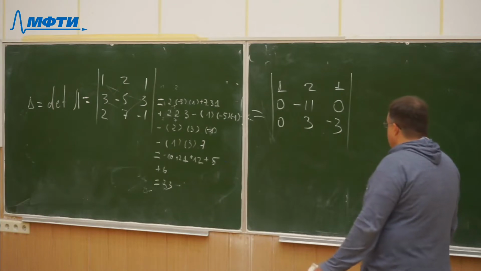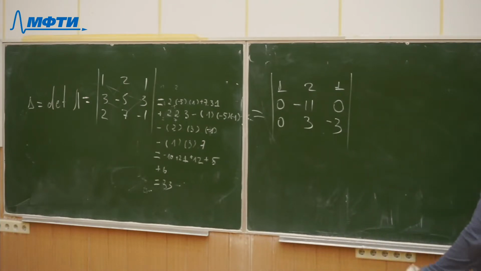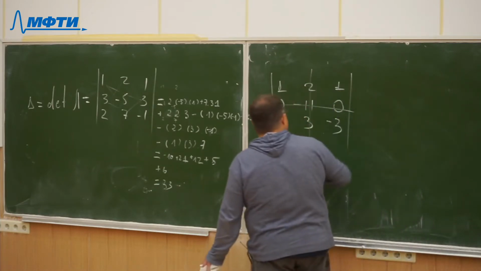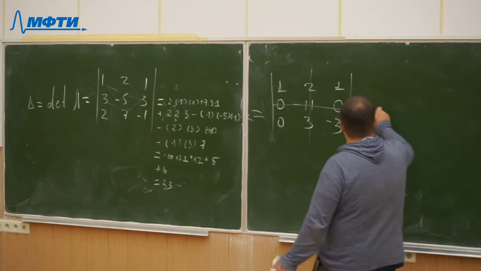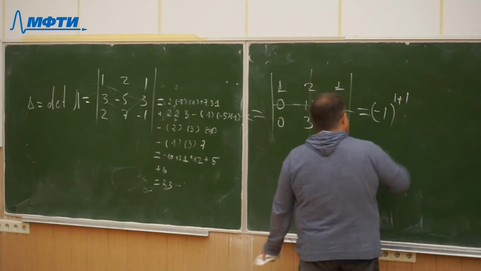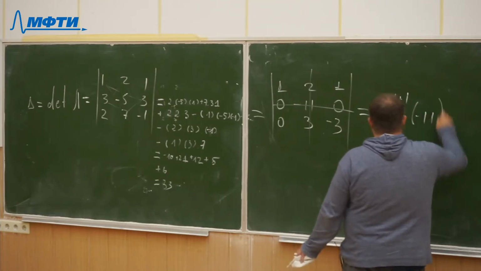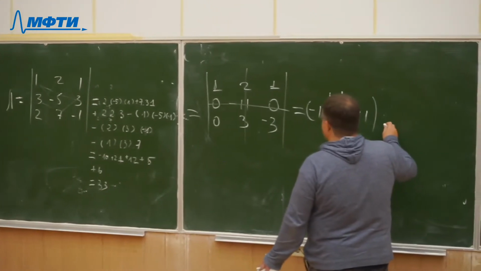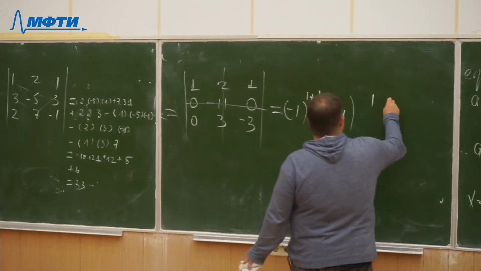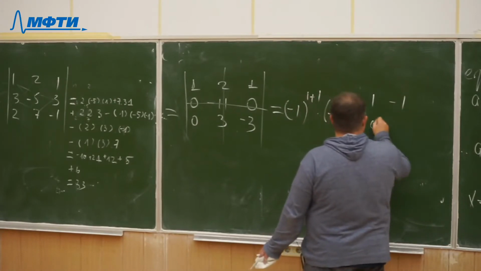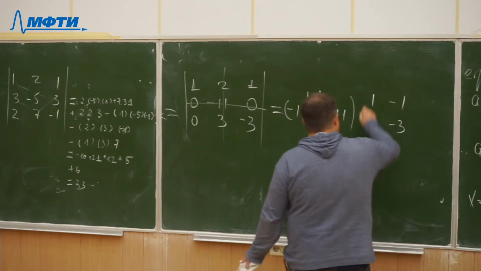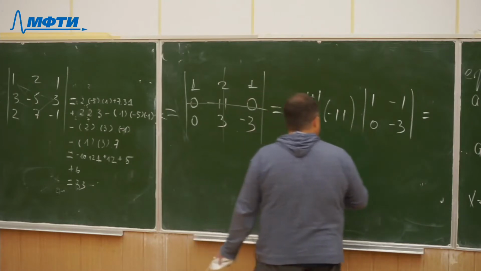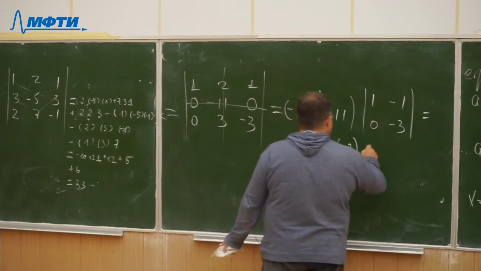Then let's factorize this determinant using the second row. It equals minus 1 to the power 1 plus 1 times minus 11 times the determinant 1, minus 1, 0, minus 3, equals minus 11 times minus 3 equals 33.